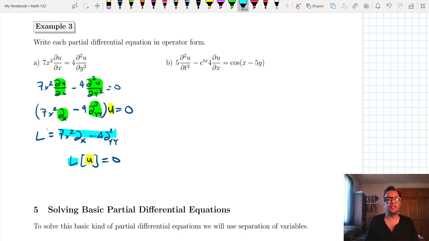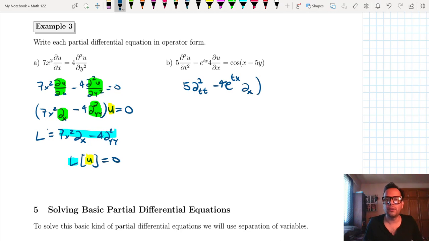Okay, let's do another example, and in this case we have all the terms that have partial derivatives on the left hand side. So what we do is 5 second partial with respect to t, minus, or actually 4e to the tx, and partial with respect to x.